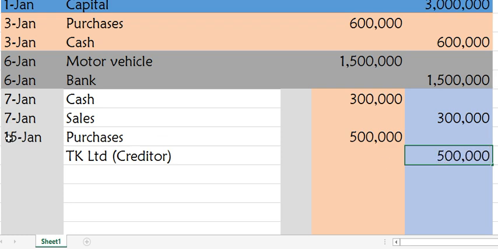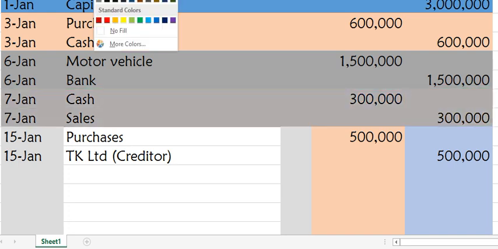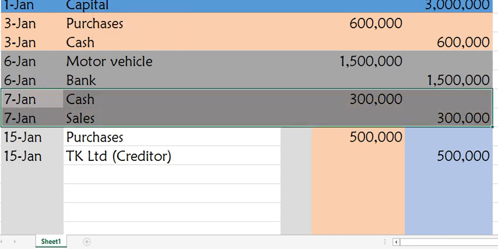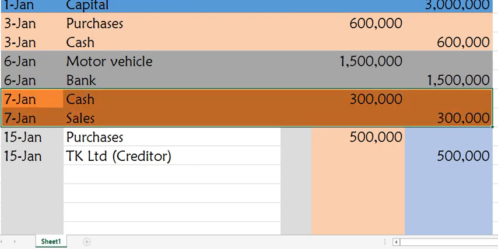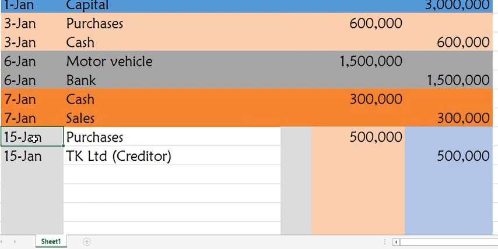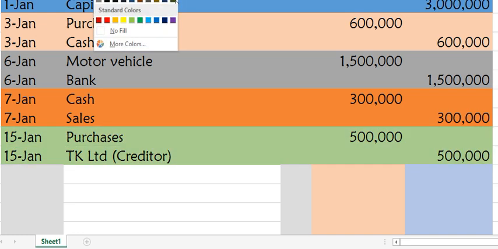According to the rules, liabilities should be credited if they are increasing. In this case, we are increasing the liability. That's why we make a credit entry in the account of the supplier, and our supplier is TK Limited.